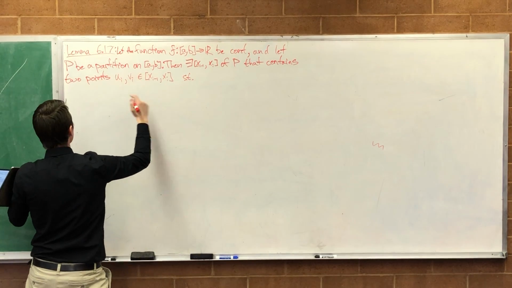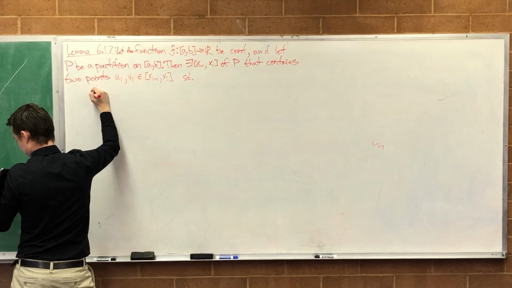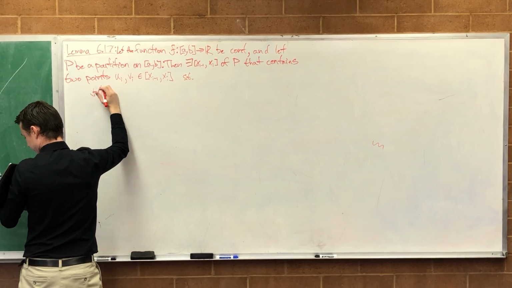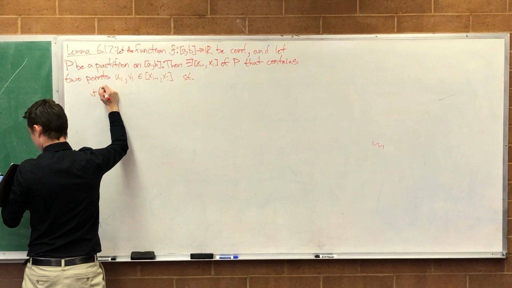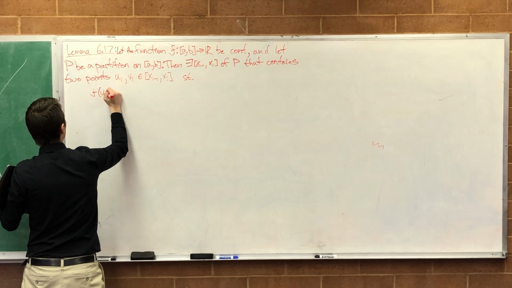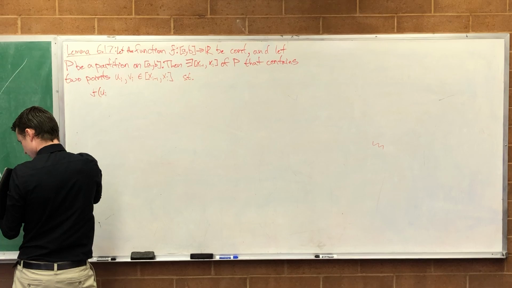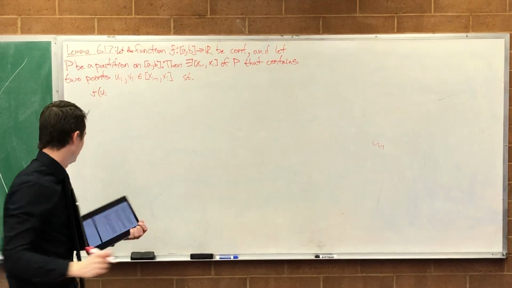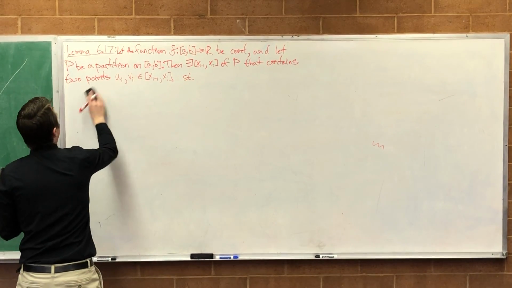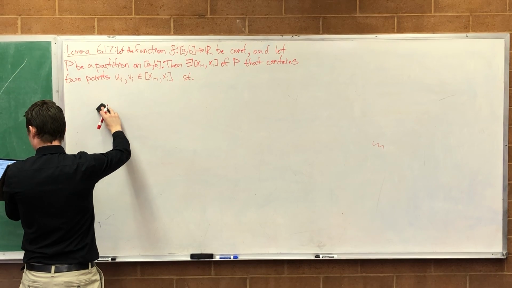Such that this all has one f of u sub i. Hang on, I think you're going too far now. Oh, whoa, yeah, I jumped way into the proof. Good thing you were paying attention.